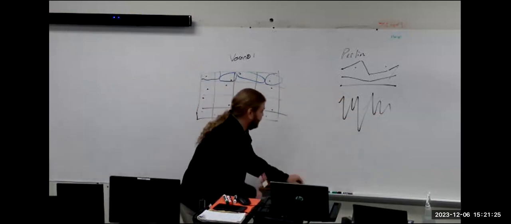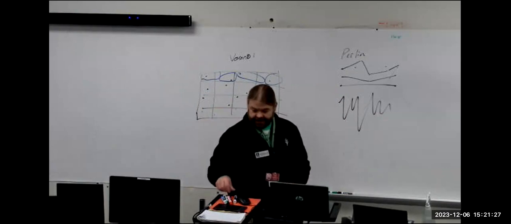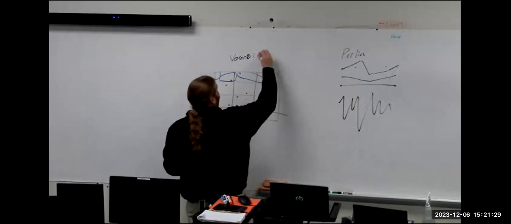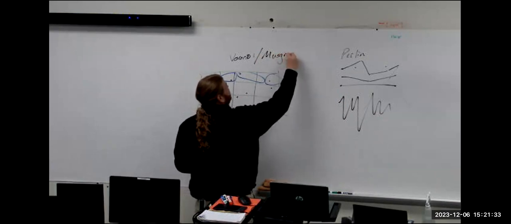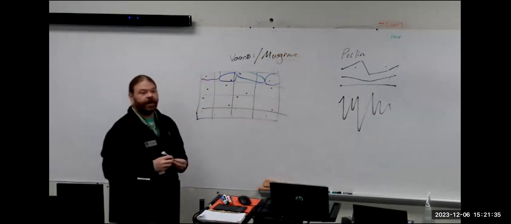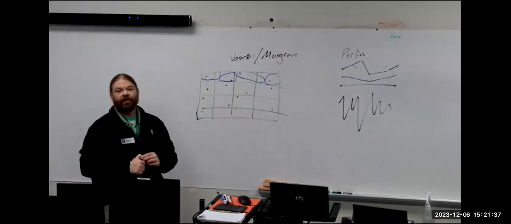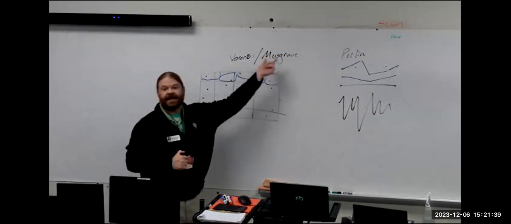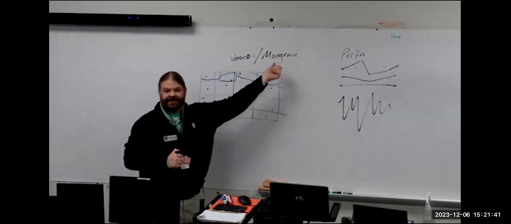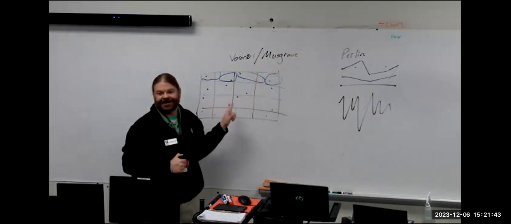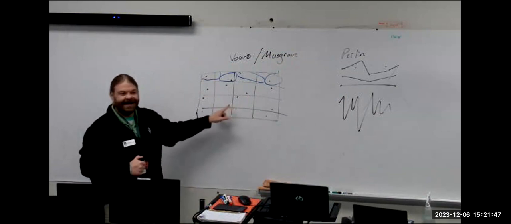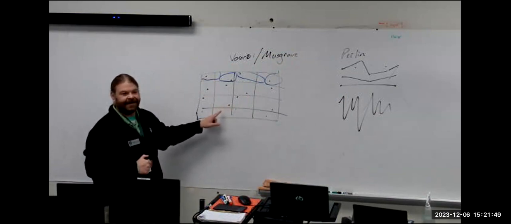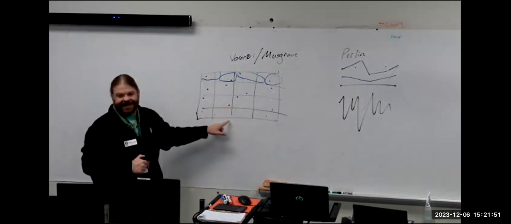We also have Musgrave, and Musgrave is just like Voronoi. Voronoi is the closest of the Musgrave. So we could also do the second closest or third closest, or we could split it up into a grid and mark all the points, the 5th closest dot.